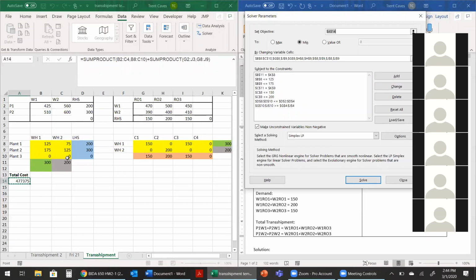But since we have zeros in there, those end up not making any change to our solution. And then the G, H, I, J correspond to our warehouse to retail outlet variables.